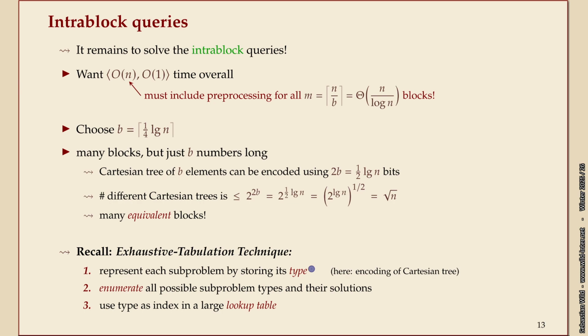So for every possible tiny little Cartesian tree, we're just pre-computing the stupid way all b squared range min query answers. That's going to be a bit wasteful, but because b is so small, we don't care. And then on top of that, we just write down for every block which type it has.